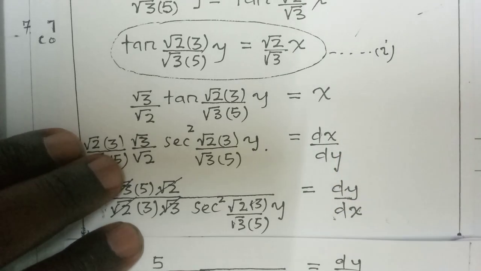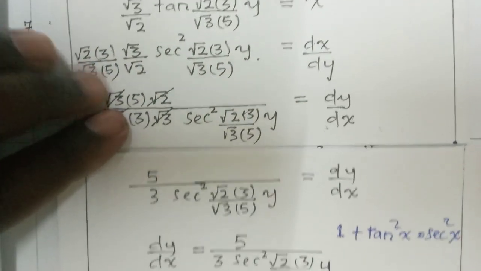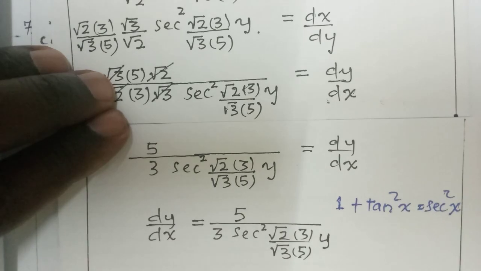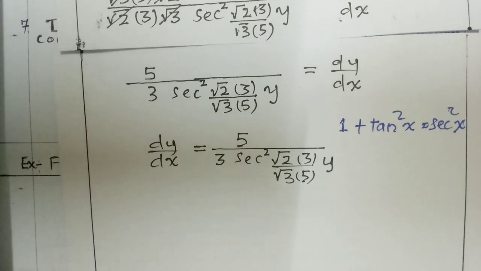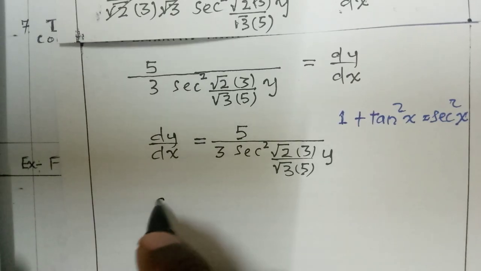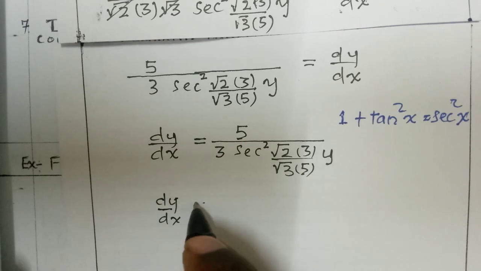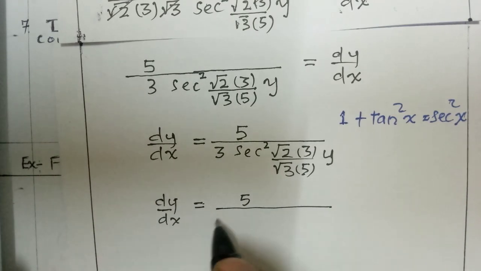So I replace it with, before I replace, I'll have to replace the sec, and then I can replace tan. And so first I replace tan before I replace that. So this one will be dy all over dx. This will be equal now to 5 all over 3.